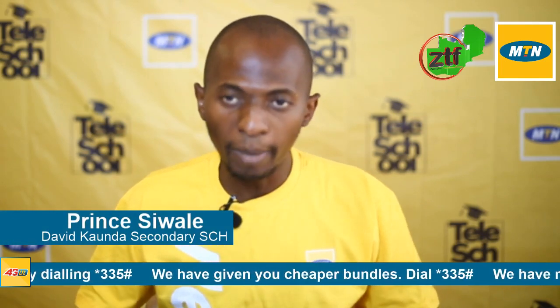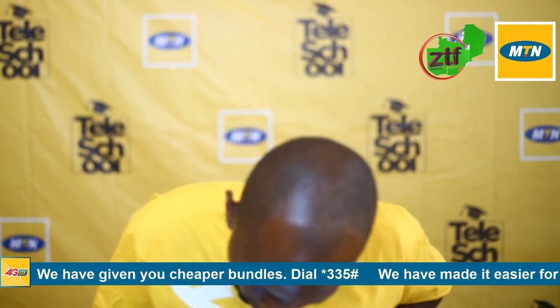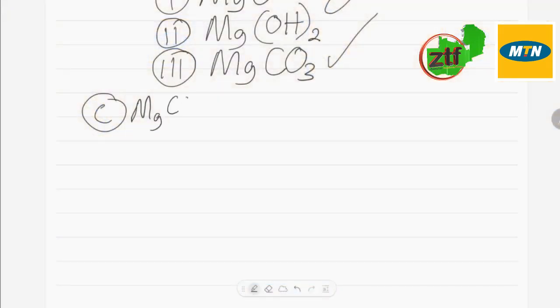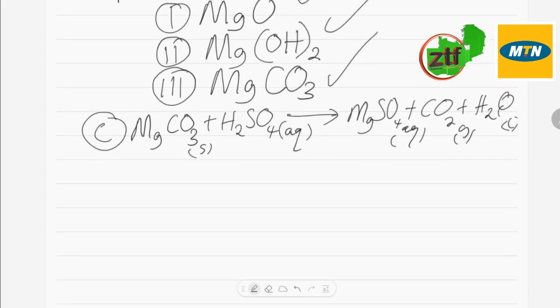So we're going to use magnesium carbonate to react with acid Y. So the equation is magnesium carbonate solid plus H2SO4 aqueous produces magnesium sulfate aqueous plus carbon dioxide gas plus H2O liquid.